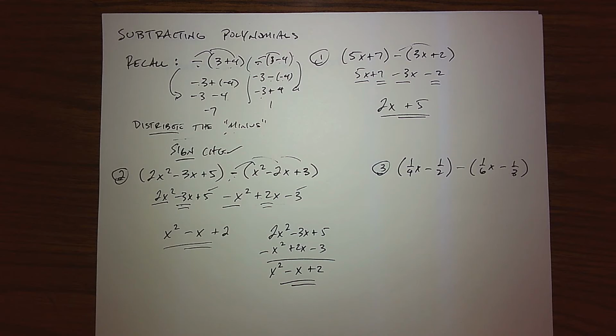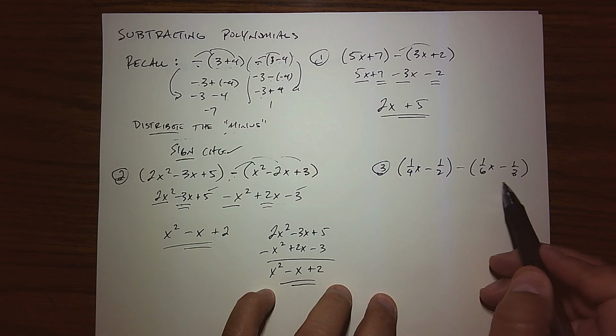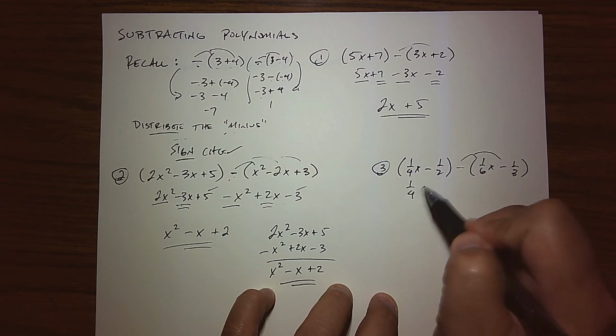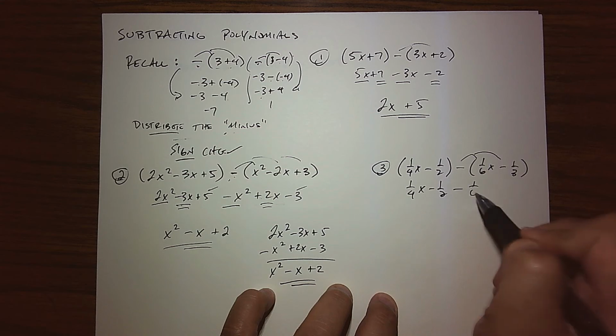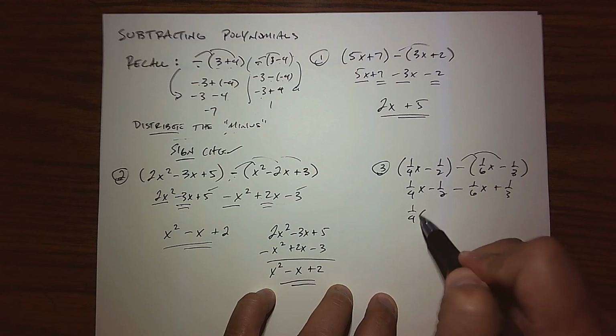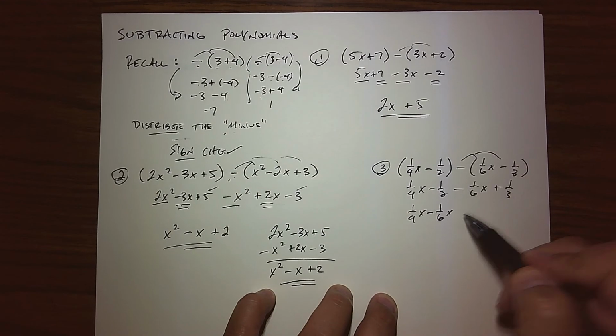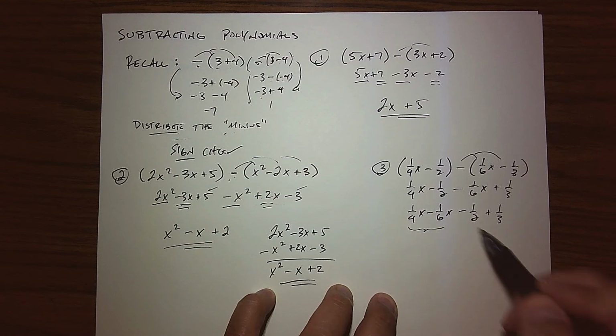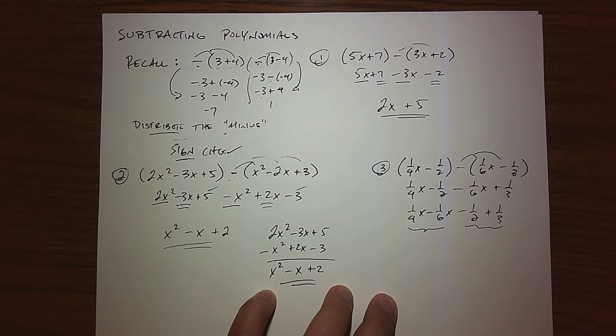And again, one more attempt to try to make this difficult. Let's throw in some fractions. If we distribute the minus, we're going to change the signs in the polynomial that's being subtracted. Let me bring the like terms a little closer together, and then we're back like we did in the last example, where in order to add or subtract fractions, we need an LCD.